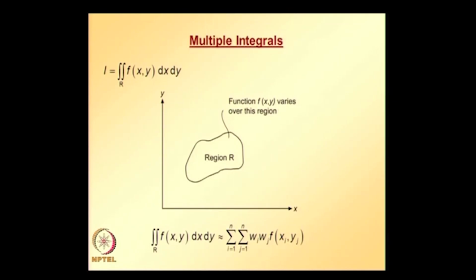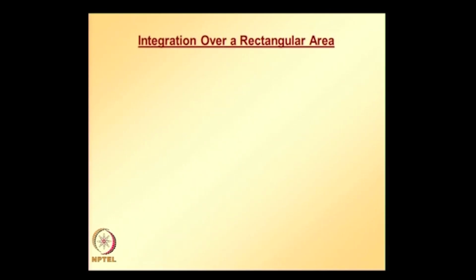Here it is going to be a Cartesian product of all the points, and the locations of the points and the corresponding weights. So we can estimate this integral using this formula, which will be illustrated here.